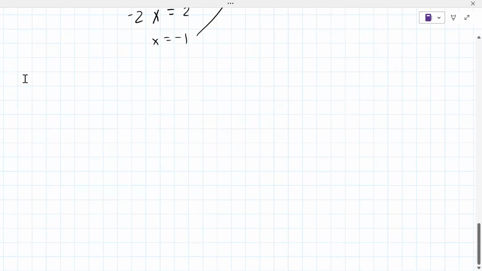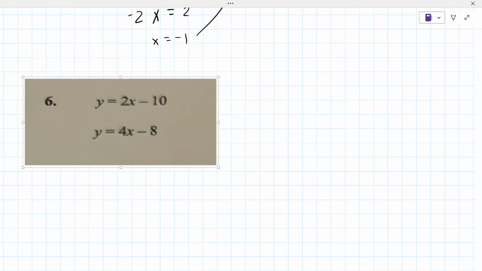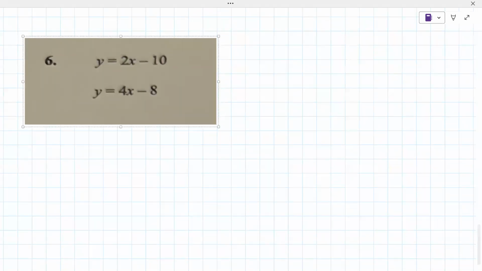Number 6 is like number 4. Why don't you try solving this one on your own? I'm gonna solve it on the other screen and we'll see if we get the same result. Okay.